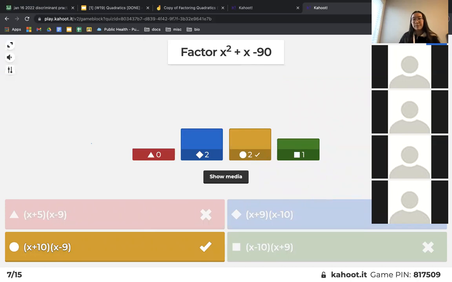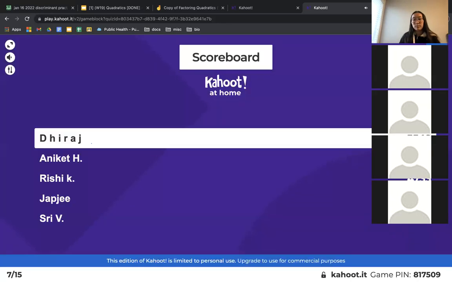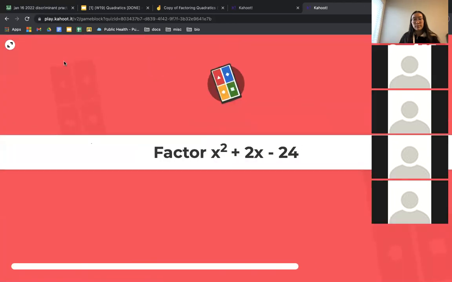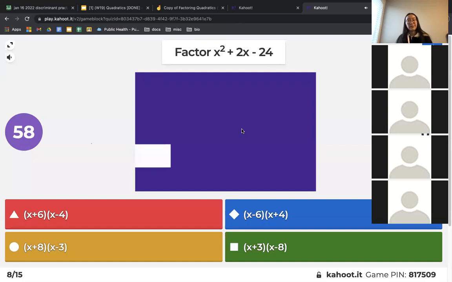Okay, let's do one more. Factor x squared plus 2x minus 24.